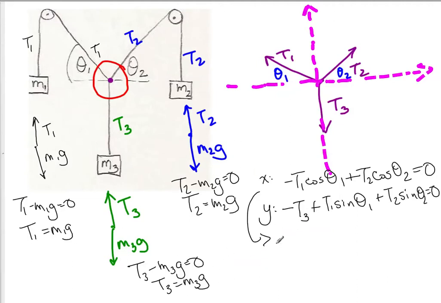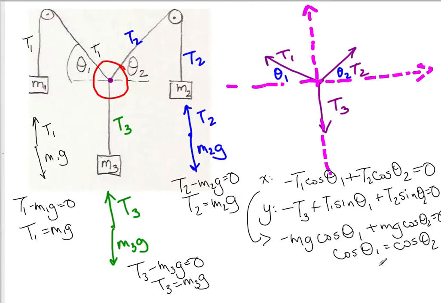And if the m's are the same, then I'll just call it m instead of m1, m2, and m3, then I'll have minus mg cosine theta 1 plus mg cosine theta 2 equals 0, which is going to lead me to the conclusion that cosine theta 1 is equal to cosine theta 2, which has to mean that theta 1 equals theta 2. So then using that information, I'm just going to call it theta now.